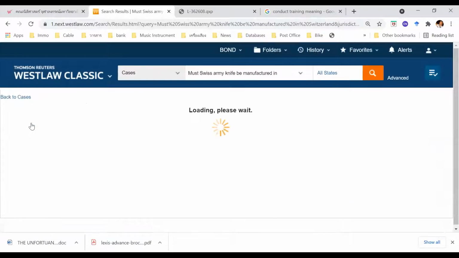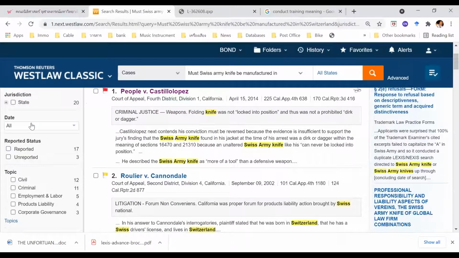What about the yellow one? Yellow is still good law, but it just gives you a warning. Maybe they have a question on that case, or some disagreement or discussion on the case. It's easy to understand: maybe a court has more than one judge making the decision.